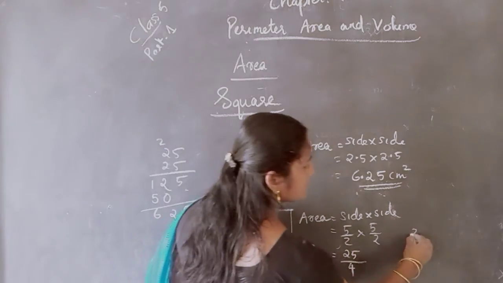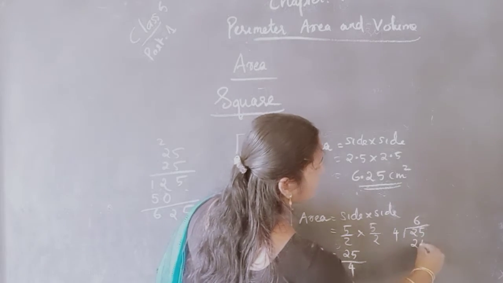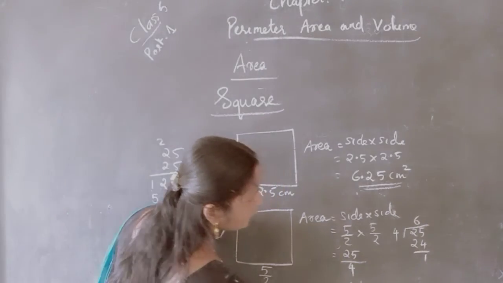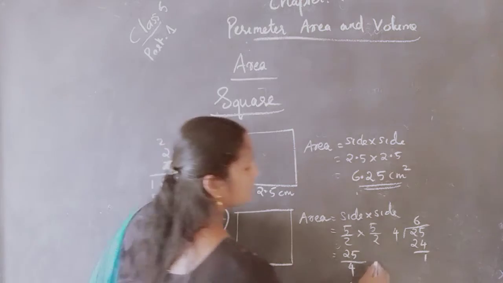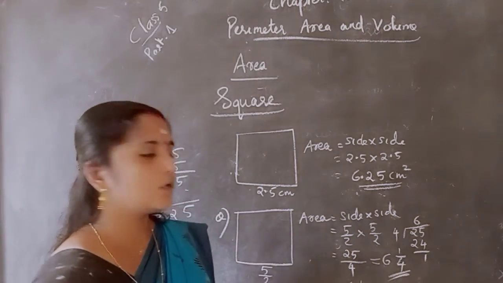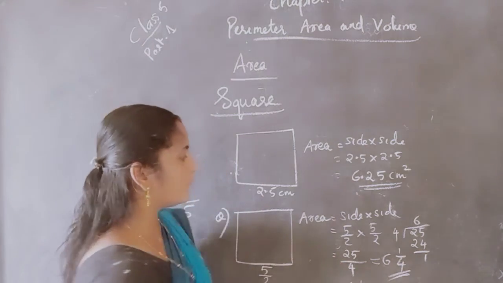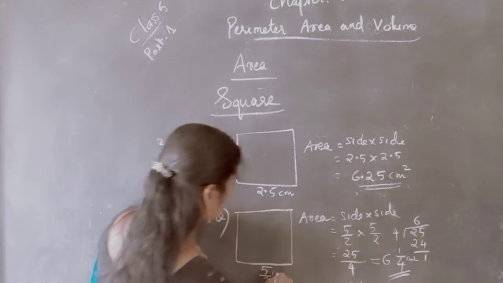We can write it in mixed form. 25 by 4: 6 4s are 24 and remainder 1. So the answer is 6 and 1 by 4. Its unit is centimeter square.